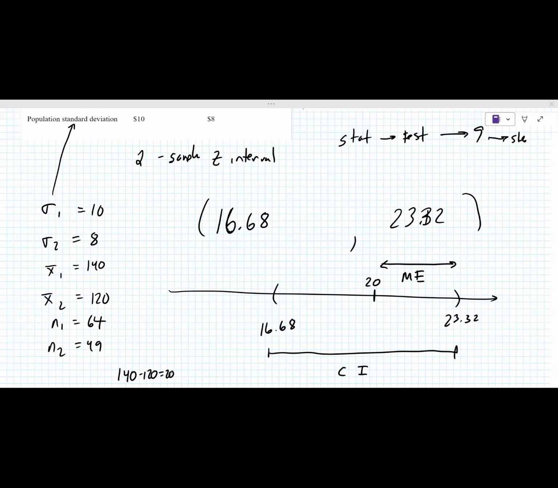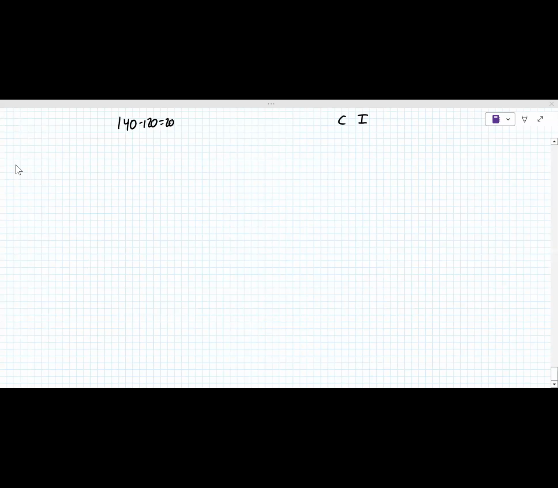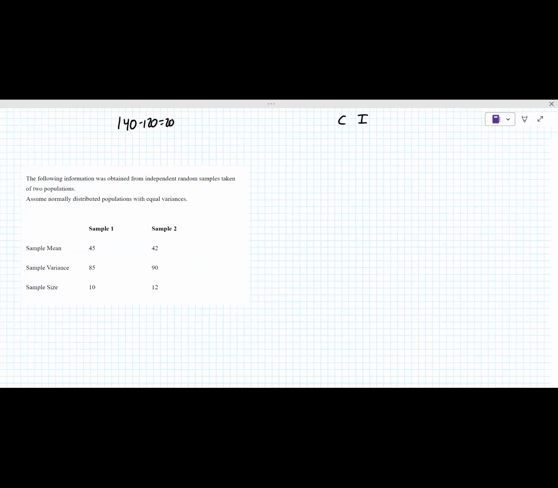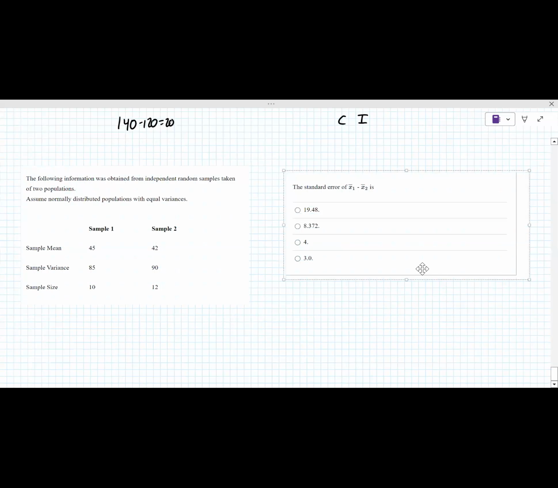Okay, let me snip in the next one here. All right, so we got the new problem here. They want the standard error of x bar 1 minus x bar 2. So it kind of looks like the last one.